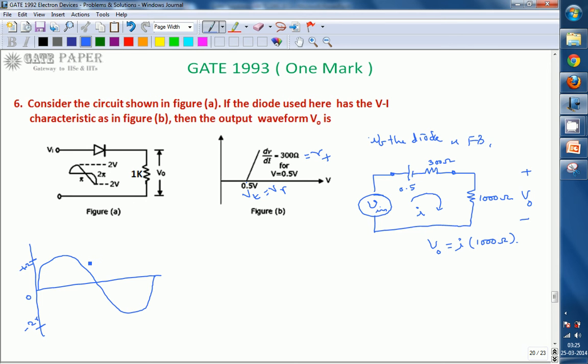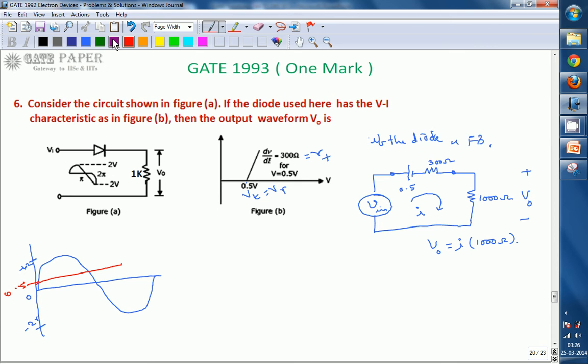So this is the input waveform, and since the diode has a cut-in voltage of 0.5 volts, until it reaches 0.5 volts the diode doesn't come into the on condition. This horizontal line I am drawing is nothing but 0.5 volts.